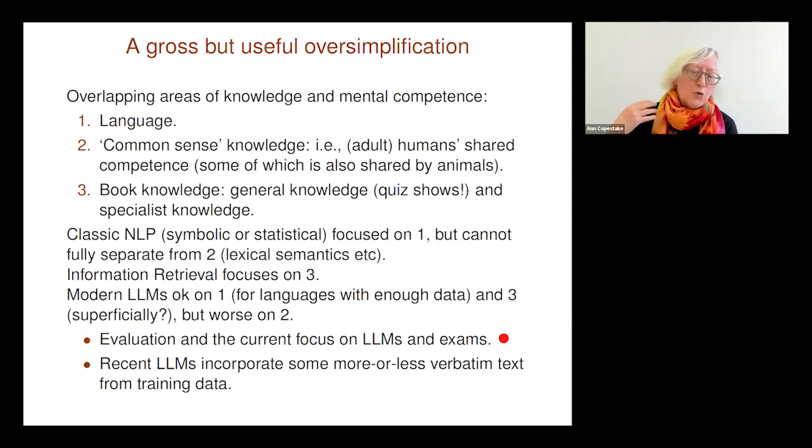And so there's that area, the syntax, semantics, the lexicon of your particular language. There's common sense knowledge, which isn't at all easy to define, but by that I mean the sort of competence that you assume an adult human is going to share with you.